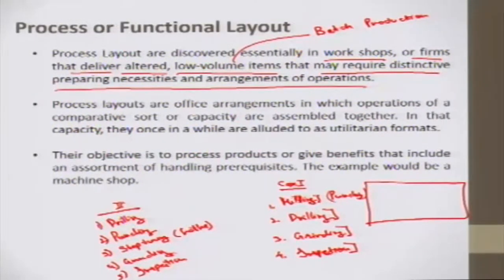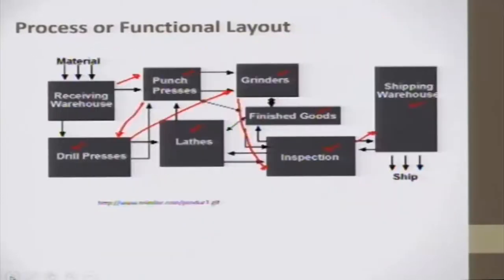So in this case, it will follow a different path. Once this batch is over, the second batch would come into play and follow this path. From the receiving end, we first send the parts to the drilling presses section, then to punching, then step turning on lathe machines, then grinding, then inspection, and then final shipment. So this green path shows the second batch.